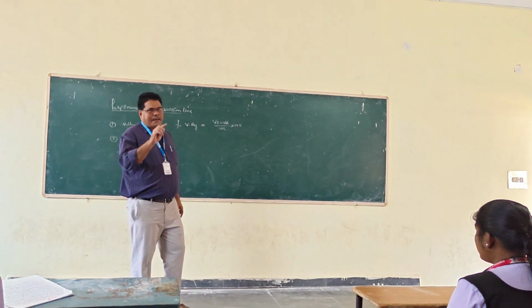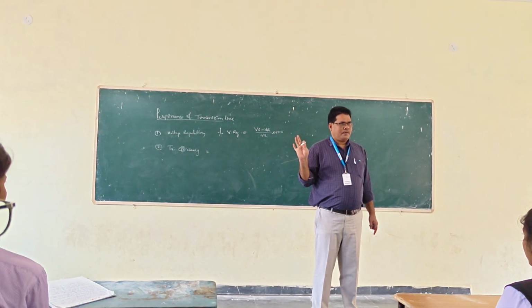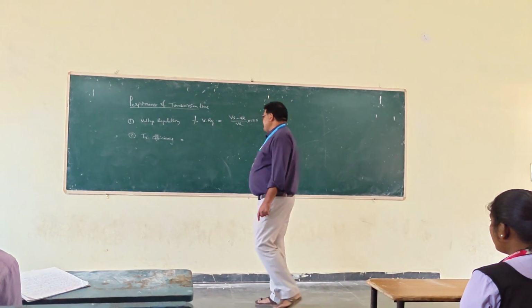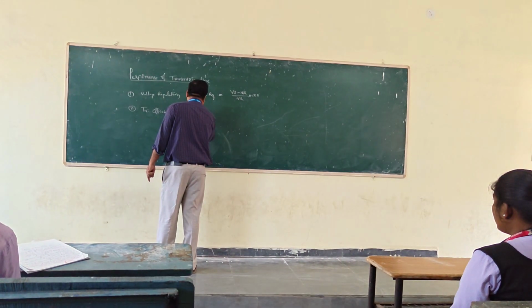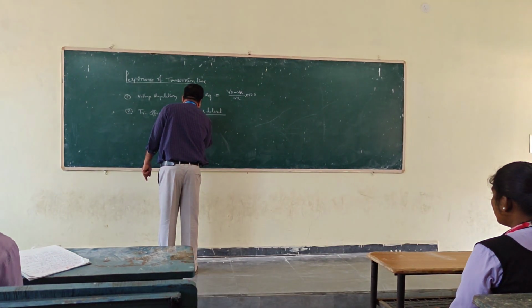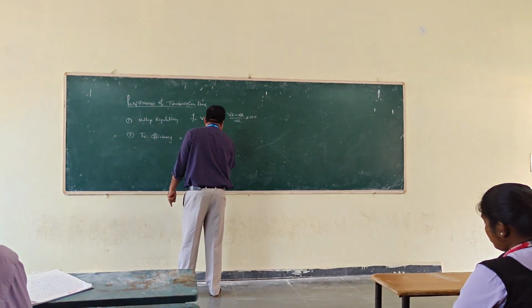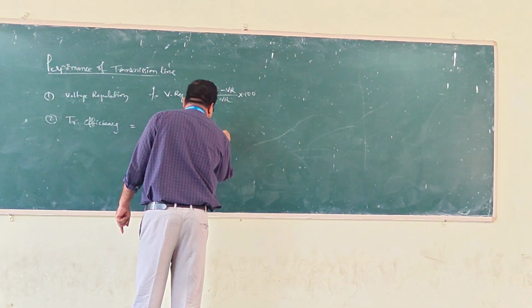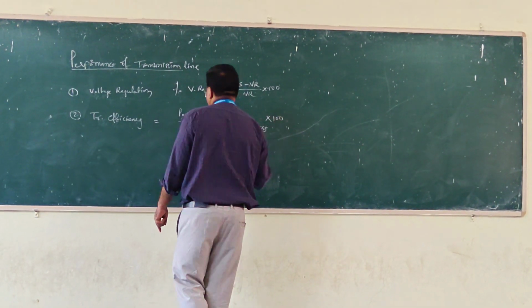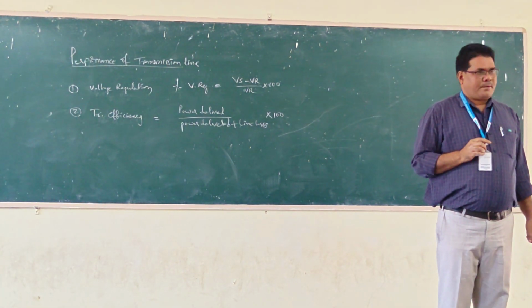So efficiency is receiving end power by receiving end power plus losses into 100, that is, power delivered by power sent out into 100, or power delivered by power delivered plus line losses into 100. These two important terms must be used in studying the performance of transmission.